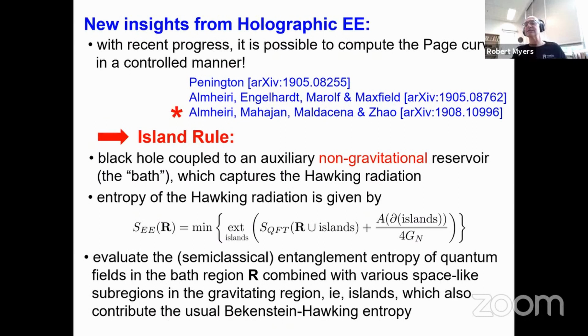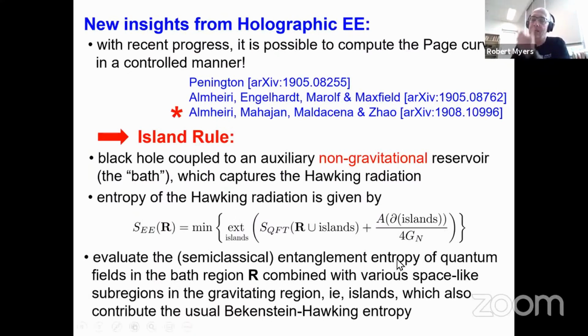The idea is that the black hole is emitting Hawking radiation. We're going to suck it out of that and stick it in this reservoir. And there is no gravity, and we can manipulate it in the usual way that we do in quantum field theory alone.